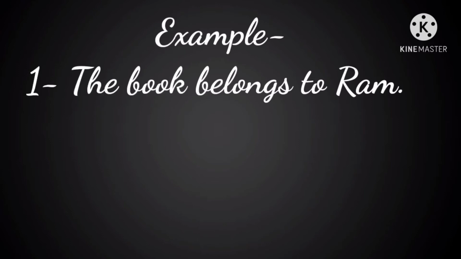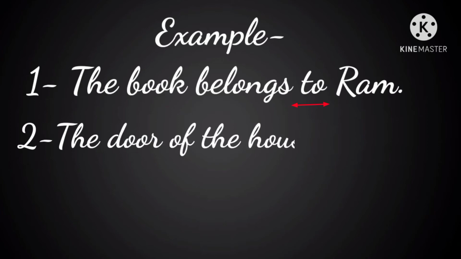Here, the word to shows the possession of Ram. And the next sentence is, the door of the house is red. And again the word of is showing the possession of the house.